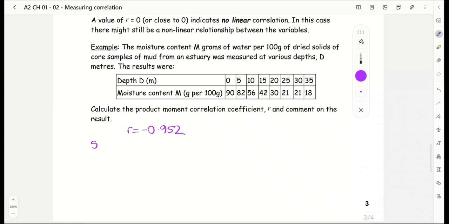So that indicates a strong negative correlation. And because it is a strong negative correlation, this particular value for the PMCC indicates a linear model is therefore appropriate.